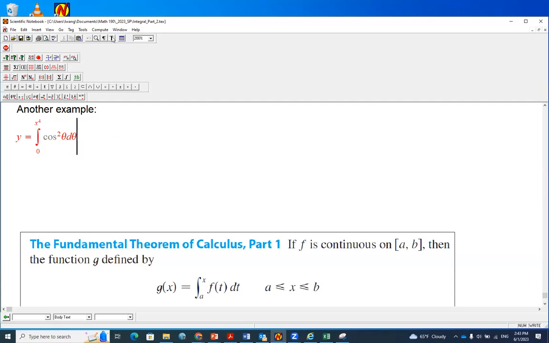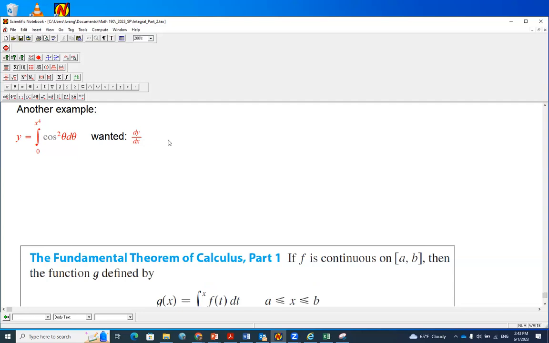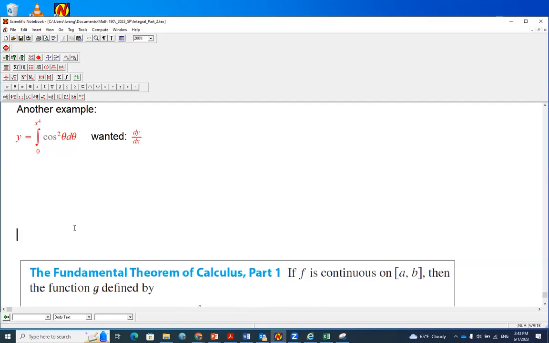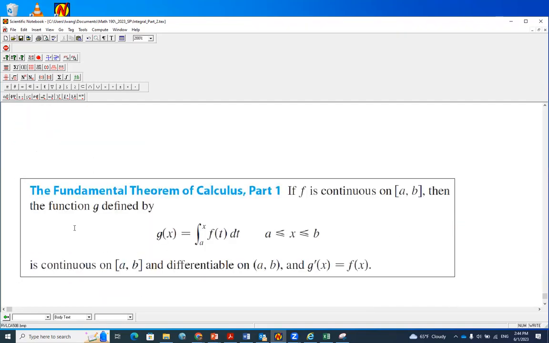So what's wanted? We want to find dy dx, the derivative of this function. In order to find it, I use the fundamental theorem of calculus part 1.